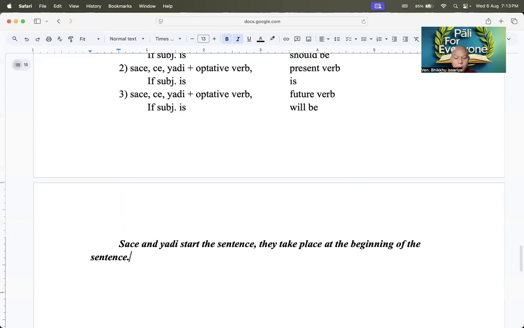But ji takes place mostly in the second place. So this note we should understand.